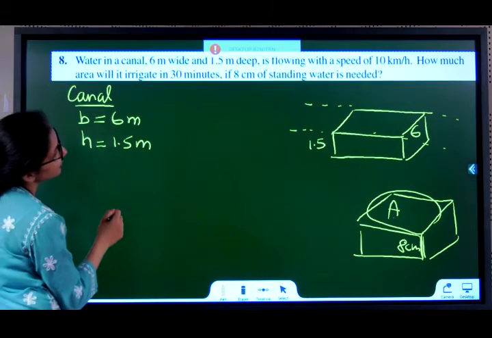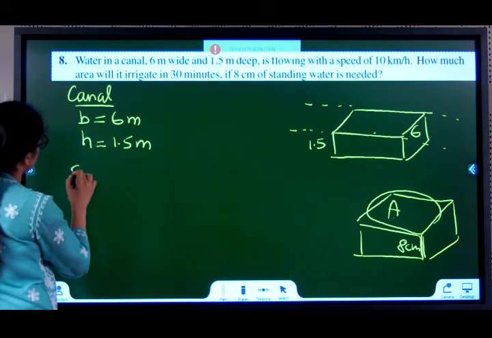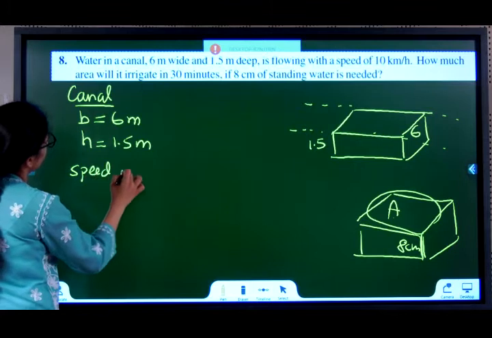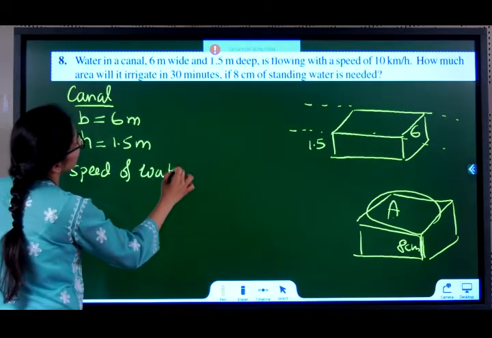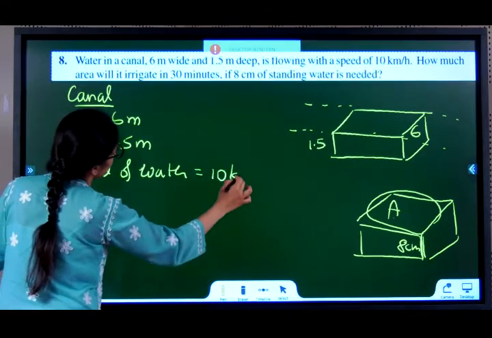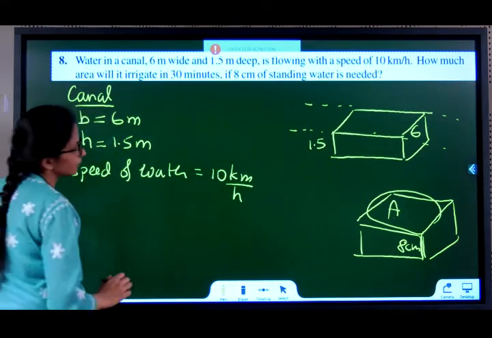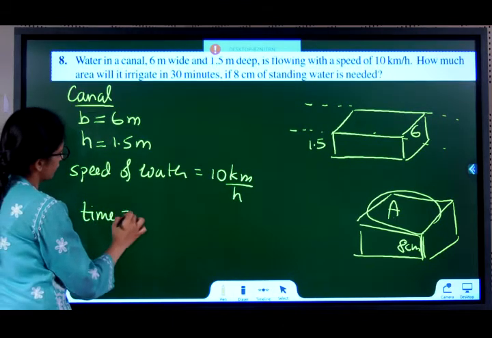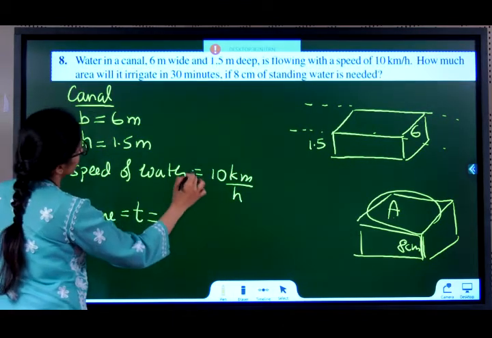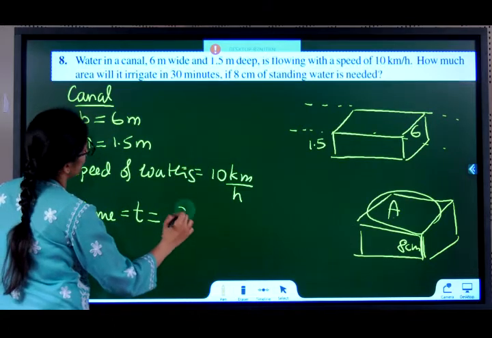They have given the speed of the water. Speed of flow of water is 10 kilometer per hour. Time of flow given is 30 minutes.